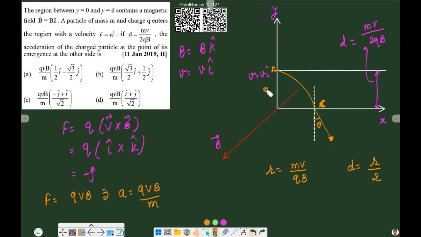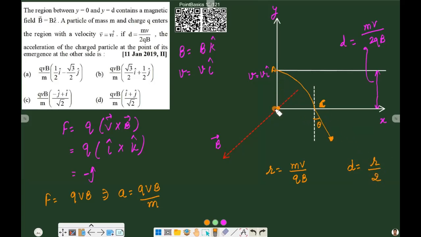Assuming that the origin is our point of rotation, now what will happen? Now let's find out the center of rotation. Normally it is assumed that the center of rotation is at the center of the coordinate axis, but we already know that the radius is greater than the thickness of the slab, and the thickness of the slab is r by 2.